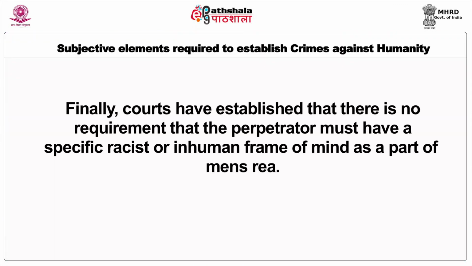This additional element, which is needed to establish persecution, amounts to a special criminal intent. Finally, courts have established that there is no requirement that the perpetrator must have a specific racist or inhuman frame of mind as part of a mens rea.